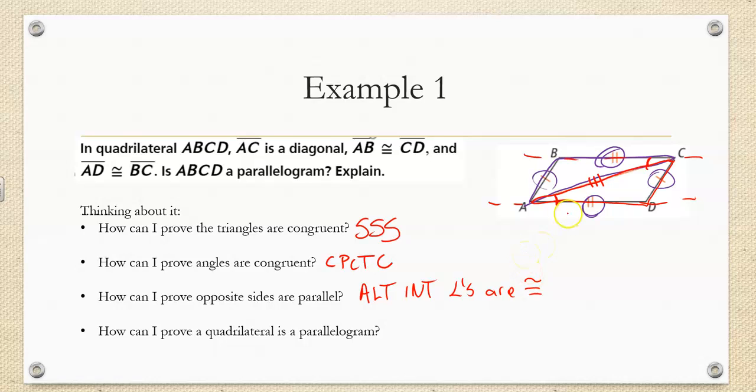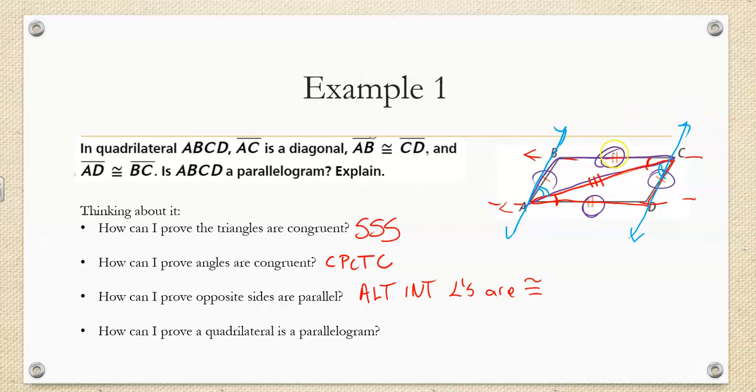And then how can I prove a quadrilateral is a parallelogram? Well, I proved those were parallel. These two are parallel. I could do the same thing with this angle being the same as that angle, again by CPCTC, and then now we have these lines where that's the transversal.